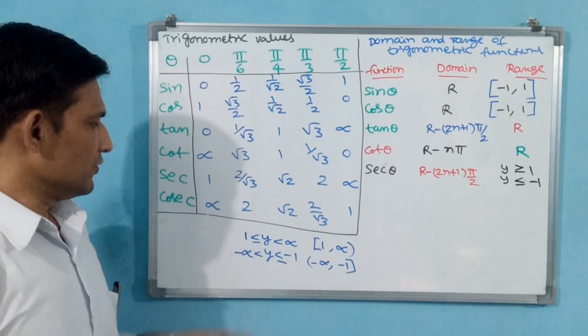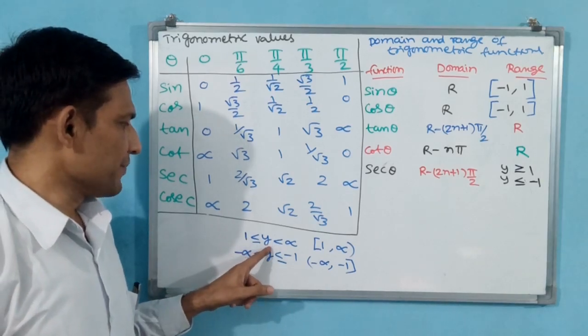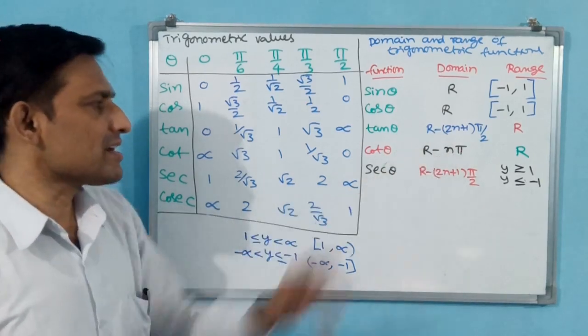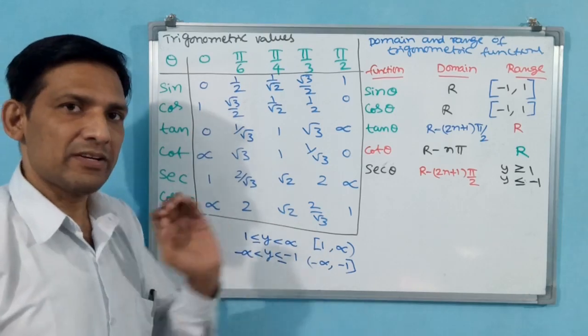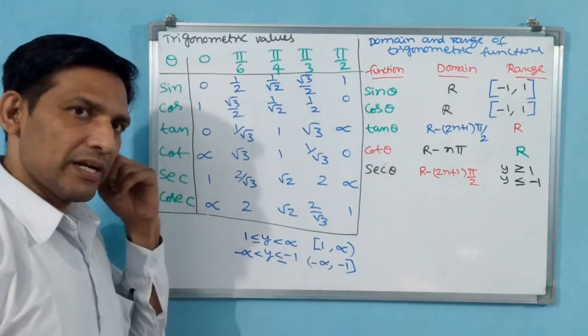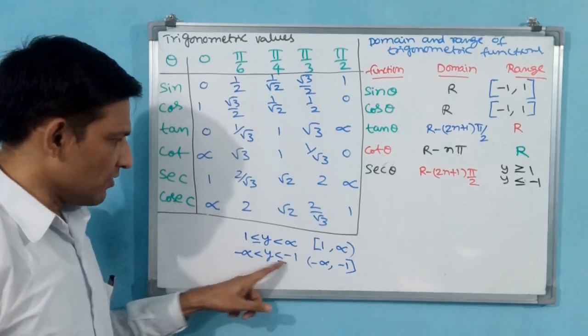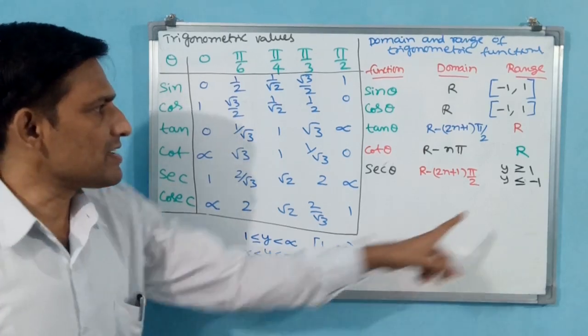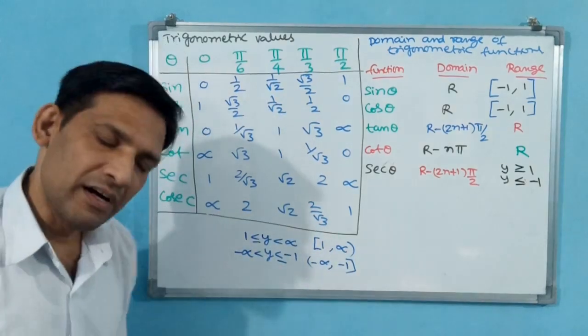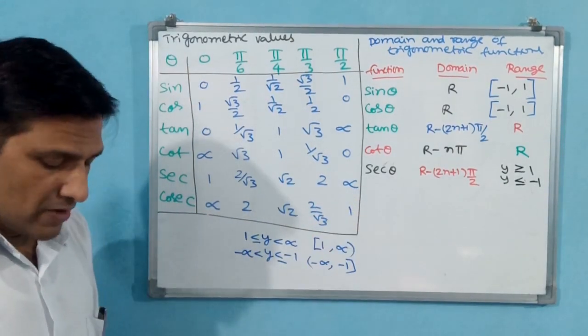Greater than 1, y, but up to infinity. Up to infinity I need not write. If I write greater than 1 and leave it, it means up to infinity. No control, up to infinity. Less than or equal to minus 1, but up to minus infinity. That you have to keep carefully.